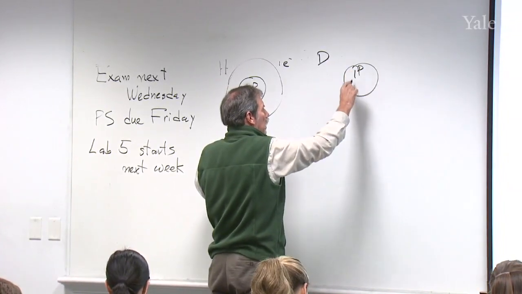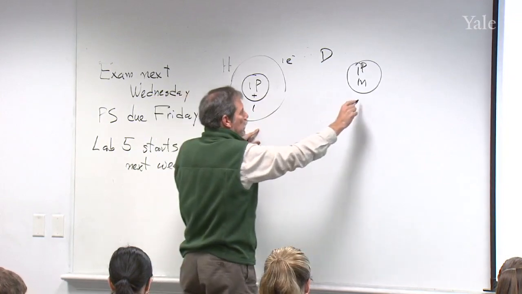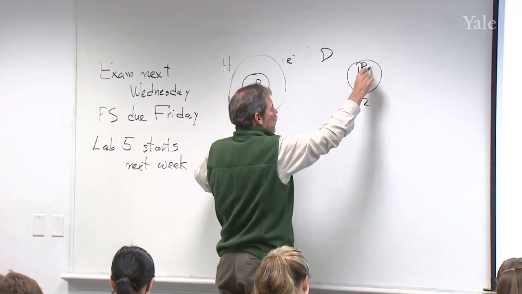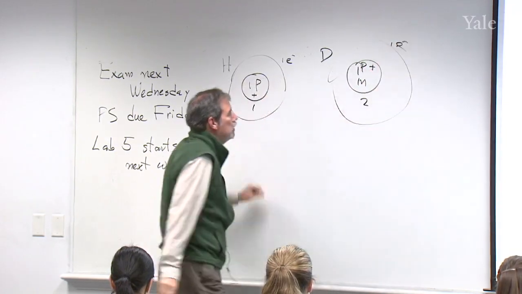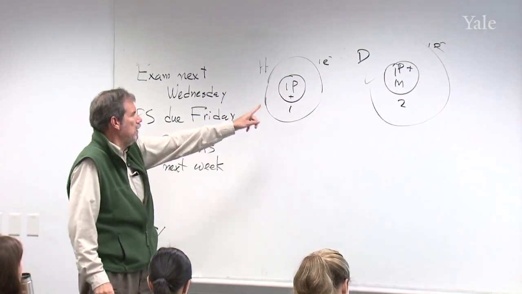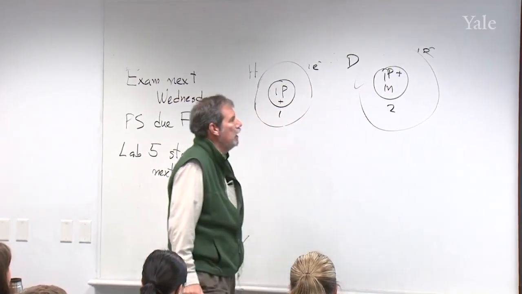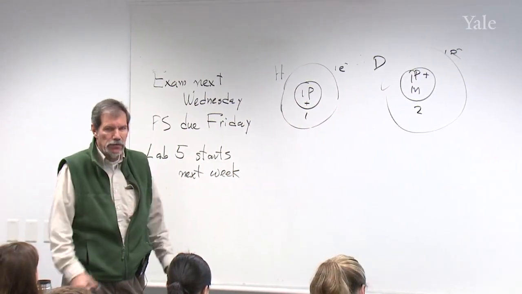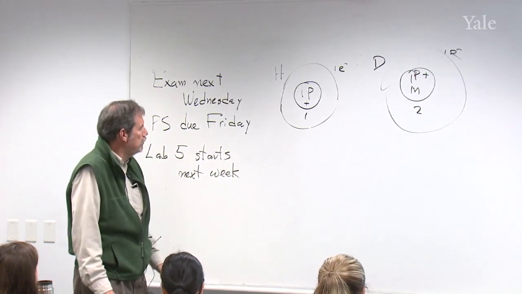It has one proton and one neutron. This has a mass of 1. This has a mass of 2. But notice it still has just one positive charge, so it has just one electron going around it. So chemically, the two are identical. They have the same electronic orbitals, and they'll bond in the same way that the other one does.